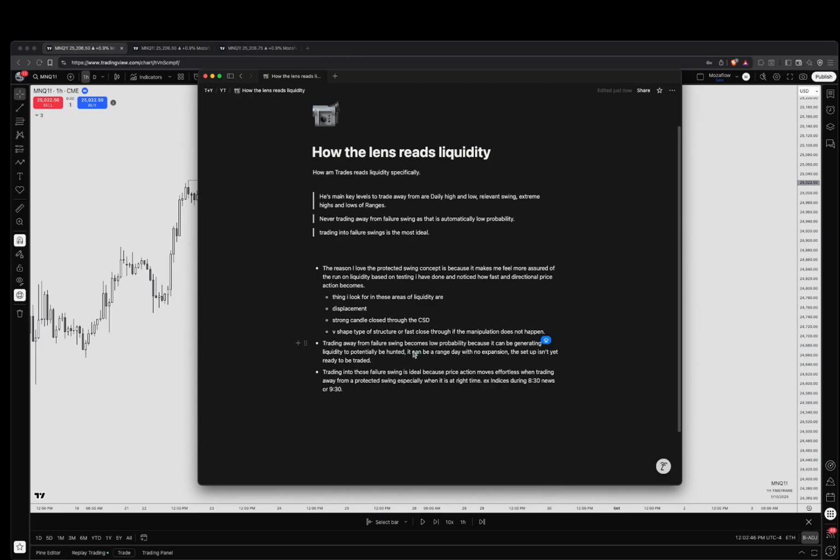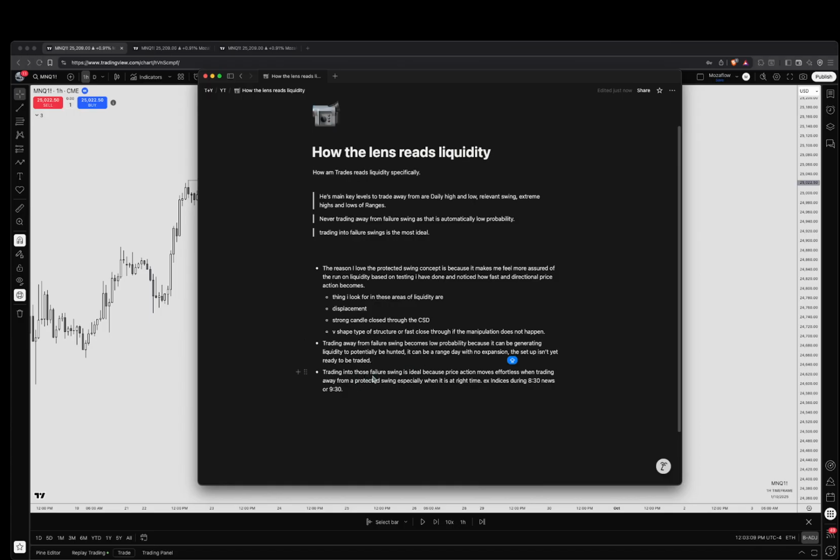Trading away from a failure swing becomes low probability because it can be generating liquidity to potentially be hunted. It can be a range day with no expansion, or the setup isn't ready yet to be traded.